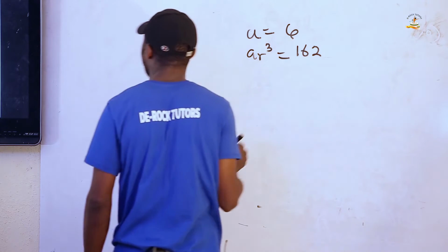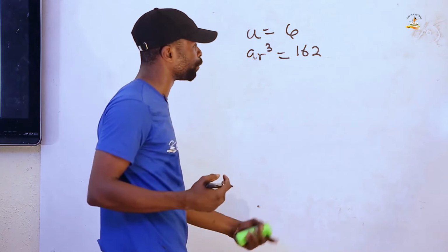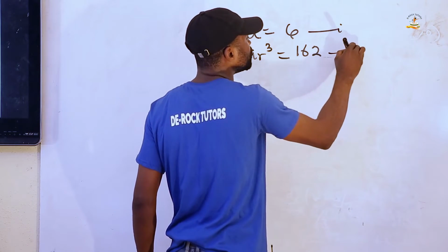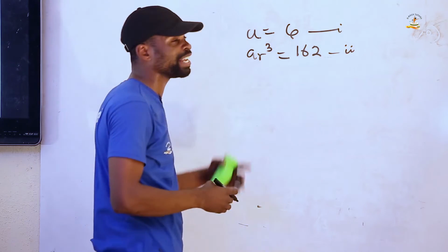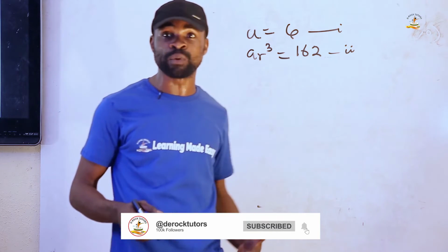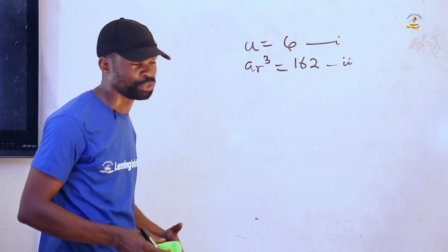It's a GP, and these equations will enable us to find the value of R. If R is less than 1, we know what to use. If R is greater than 1, we know what to use.